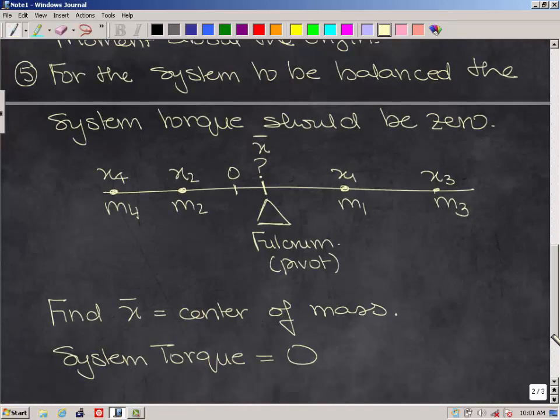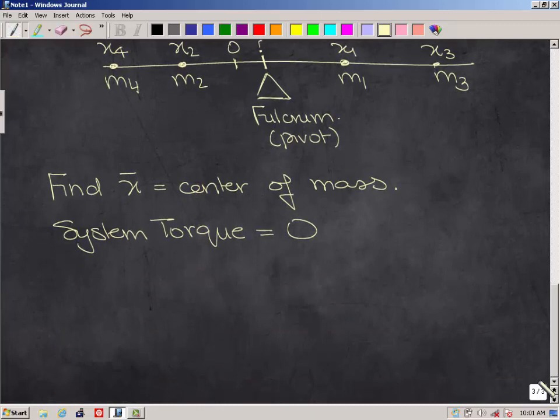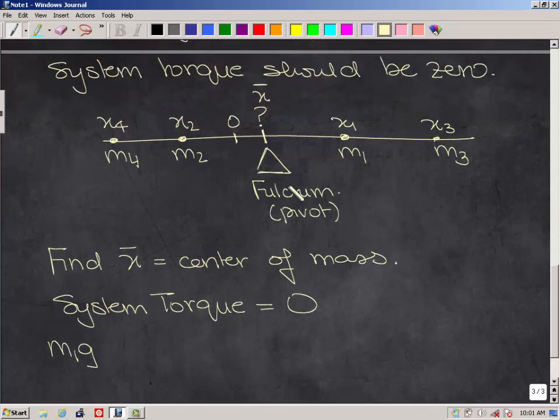So let's write all of that down. For the first one, we get m1, mass 1 times g. Now that's going to be the signed distance from the fulcrum. In the last example I placed the fulcrum at the origin, now it's placed somewhere else.